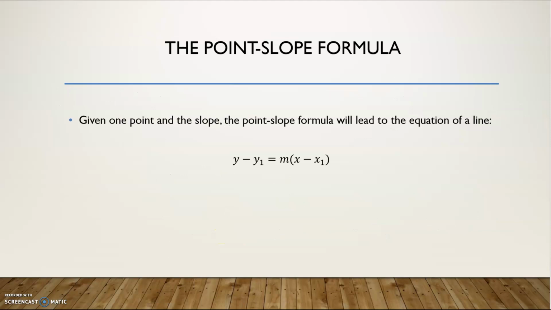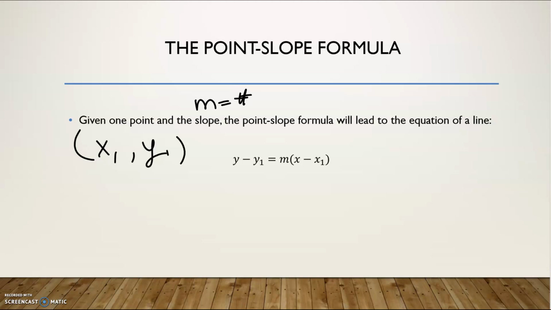Okay, now let's talk about the point-slope formula. So you're given a point, some ordered pair, and we'll call it (x sub 1, y sub 1). You're also given the slope, some number.